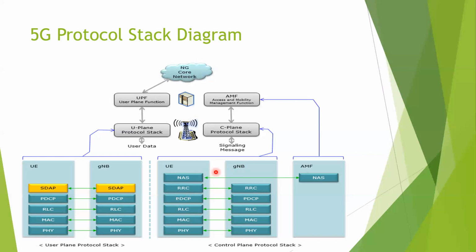Since we're in the control plane, we'll be looking at the UE, gNB, and the AMF. So AMF is the other side. And here we're just showing the control protocol stack, and this is the user protocol stack.